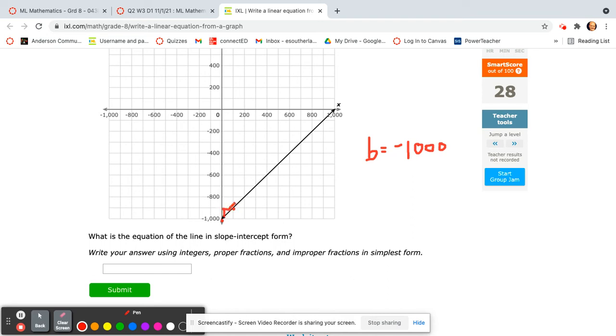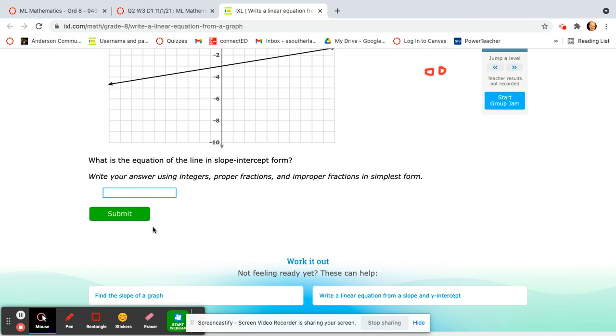So 100 over 100 is what you've got for m, but that reduces to 1 over 1 because they're both divisible by 100. So 1 over 1. And so you type in y equals 1 over 1 x minus 1,000. Make sure that you remember that left to right it's going up, so this is a positive slope. Go ahead and click submit.